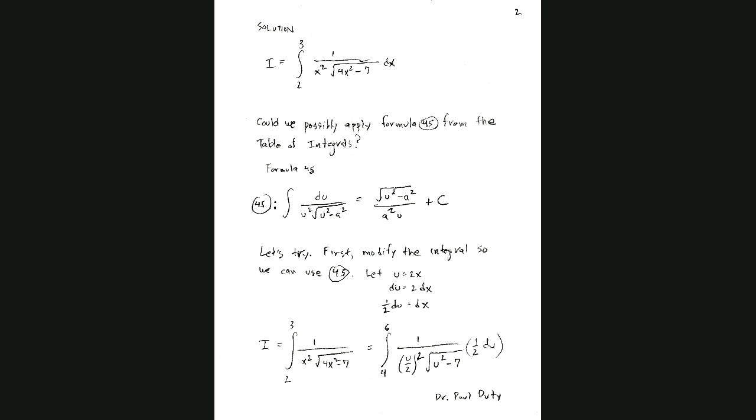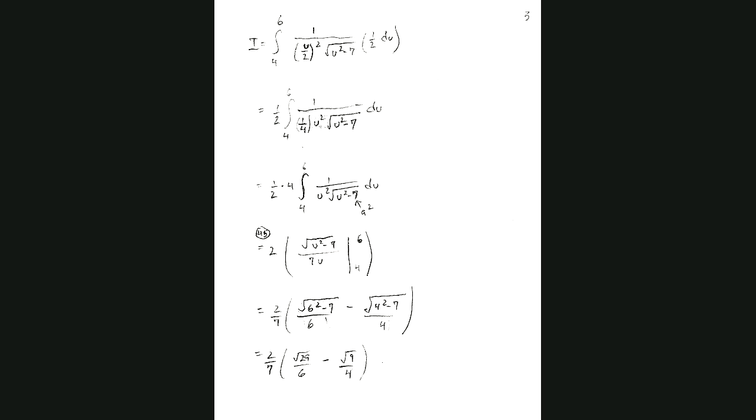Well, that 7 there is my a squared. That's the constant a squared. That's what we're doing there. Okay. Good question.